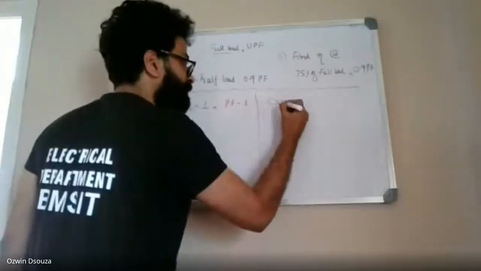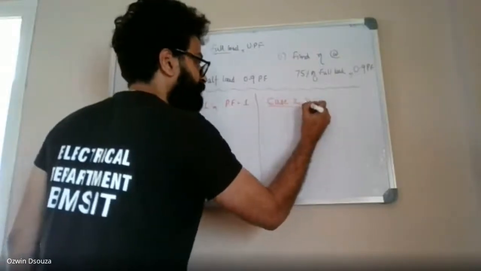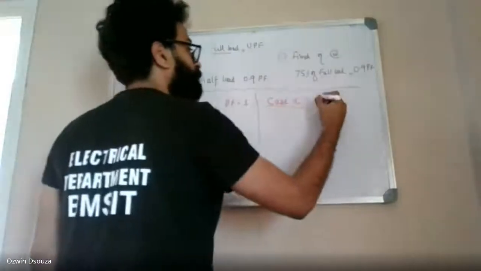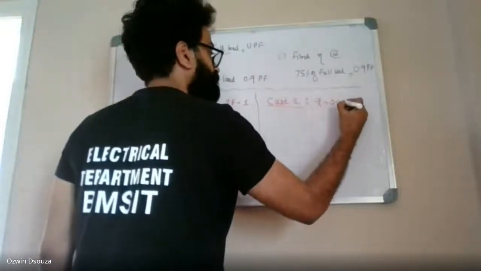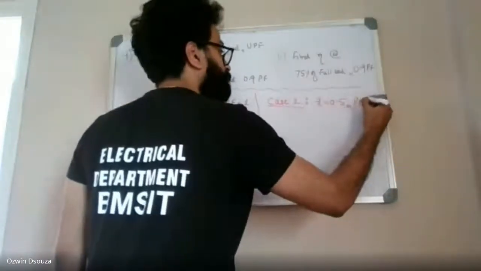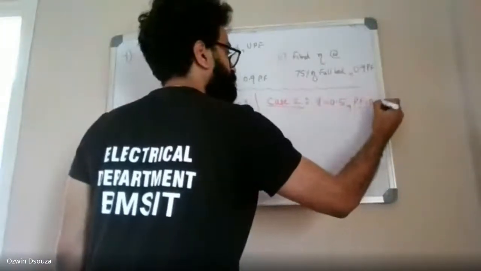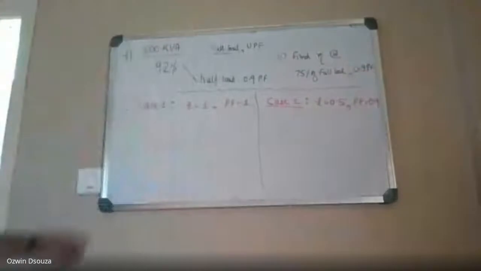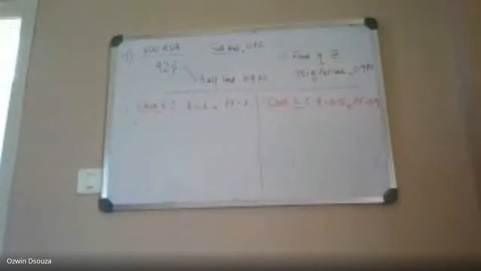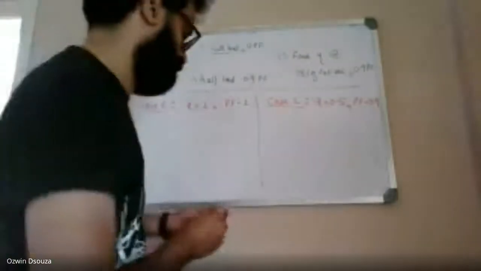And then you consider case 2. In case 2, what is the scenario? x is 0.5 and power factor is 0.9. So consider these two cases and try solving the problem.